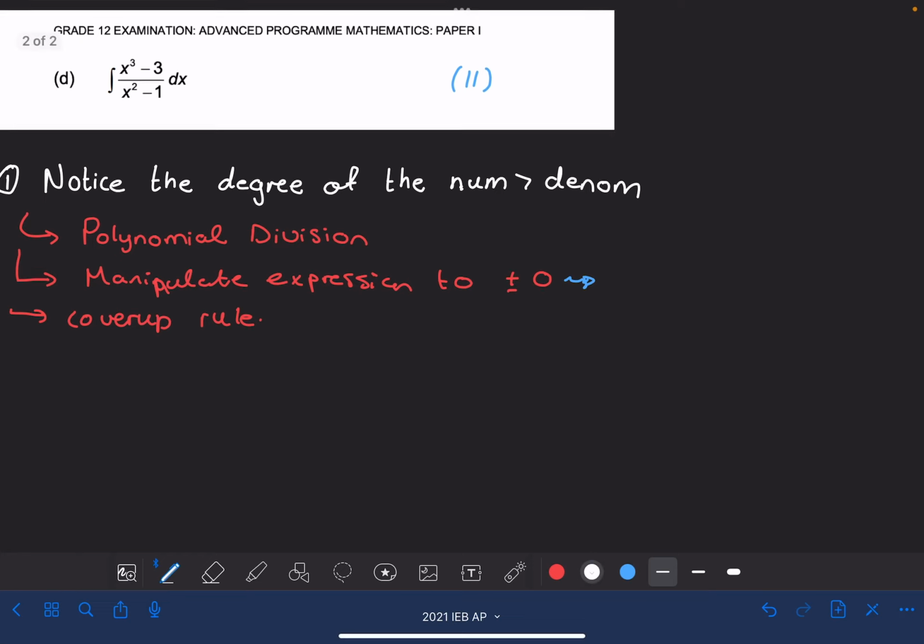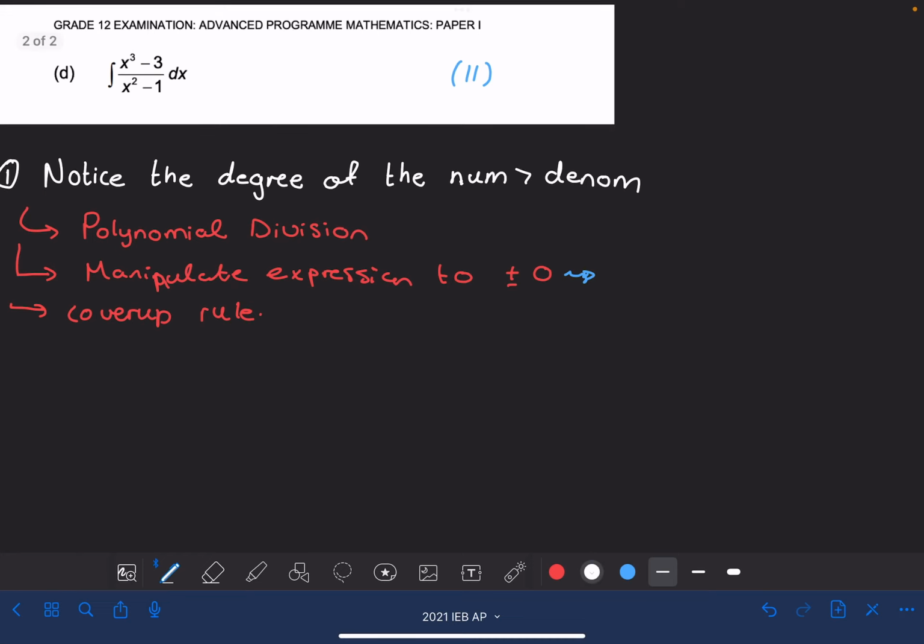Before I get into that method, I will say that in general, when you find problems of this type, it will generally be that this will reduce to x plus a over x minus 1 plus b over x plus 1 if we just factorize the denominator.